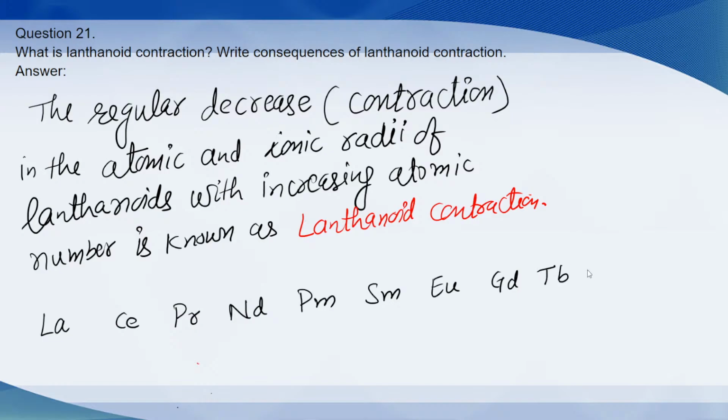Yes, gadolinium, then terbium, then dysprosium, holmium, erbium, thulium, ytterbium, and at the end it is lutetium. So these are the lanthanoids. So when we say along the series, that is as the atomic number increases, their size decreases.